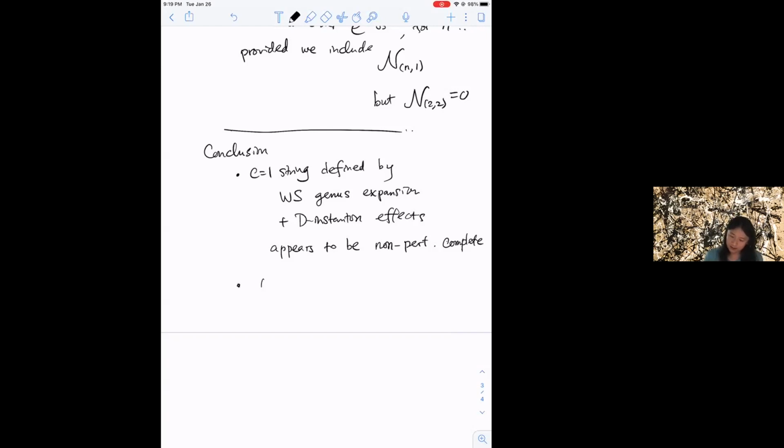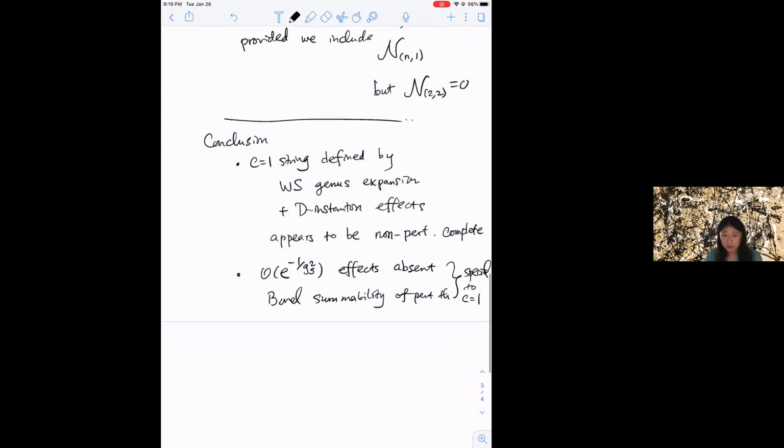So we just write this down: these effects are absent, and also Borel summability of perturbation theory. These are both presumably special to c equals 1 string, and that's not expected to generalize to superstring theory, at least not for general observables.